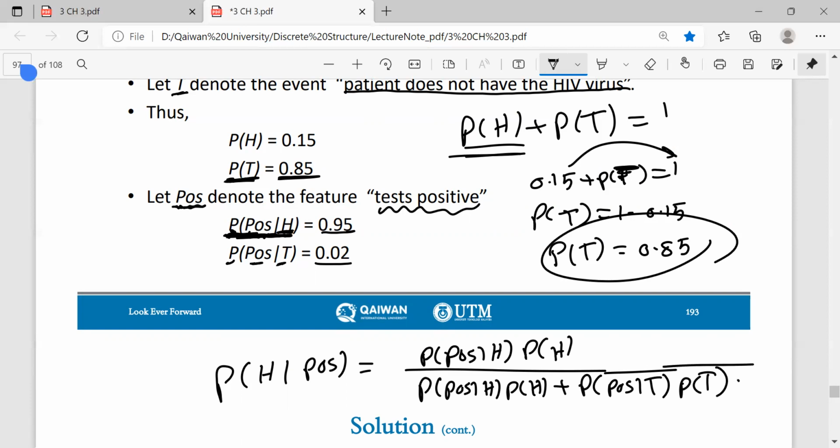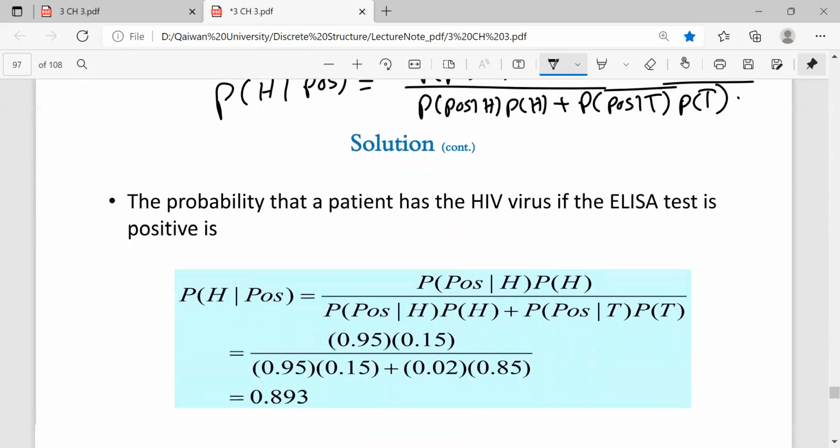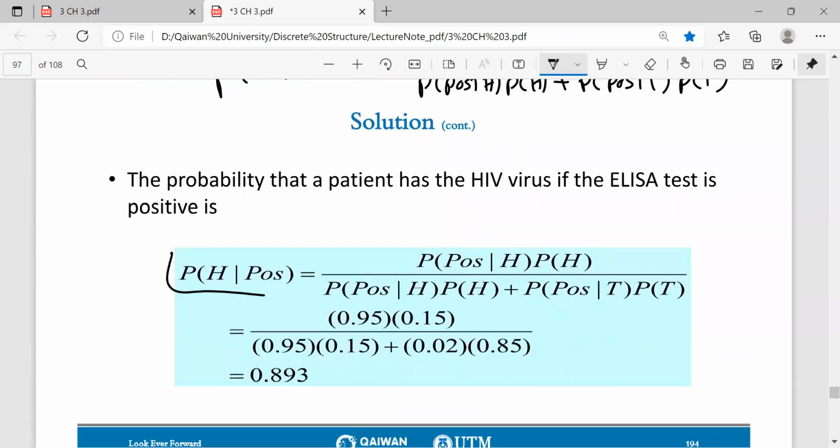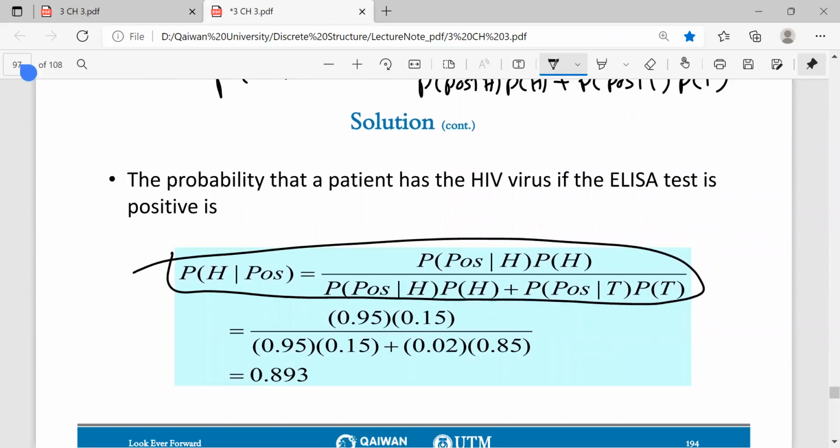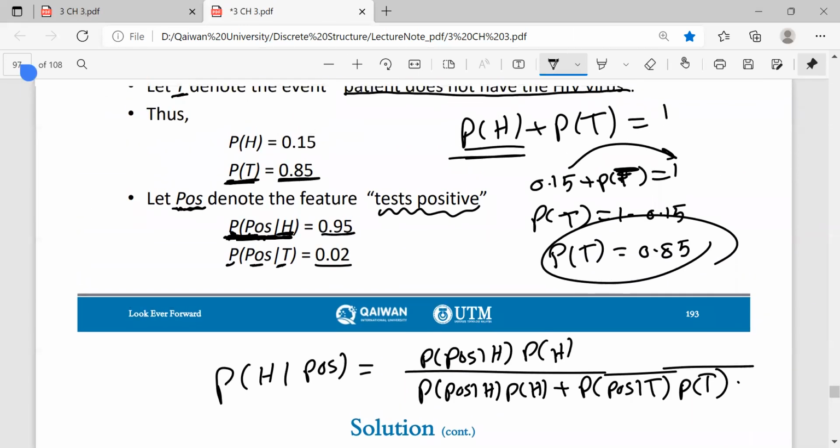Here we have only two cases. The patient either has the HIV virus or not. H is for having the HIV virus, and T is if the patient has no HIV virus. So this is the rule. And we have these all. We have probability of POS given H, which is 0.95.